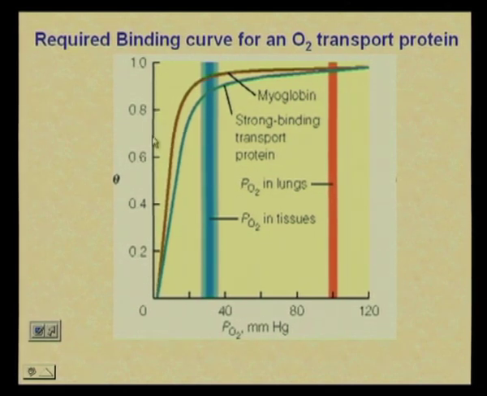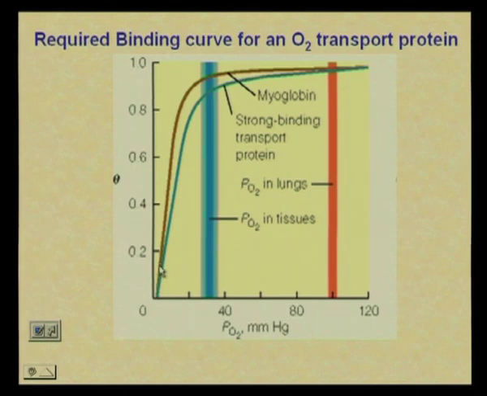On the y-axis is the fraction, and on the x-axis is the partial pressure of oxygen. The partial pressure of oxygen in the lungs is high. The partial pressure of oxygen in the tissues is low.